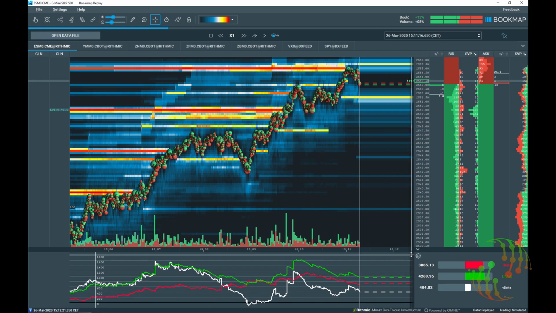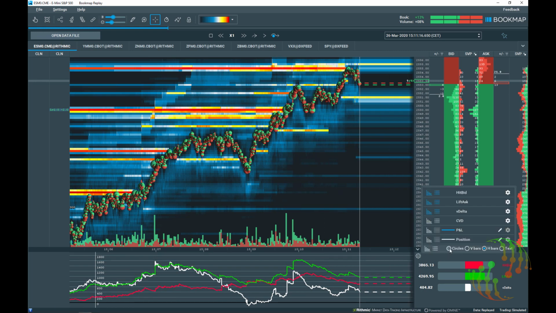In the widget section, you can select how your widgets should look, as circles, as V-bars, horizontal bars, or text. I prefer V-bars or horizontal bars. That's it.